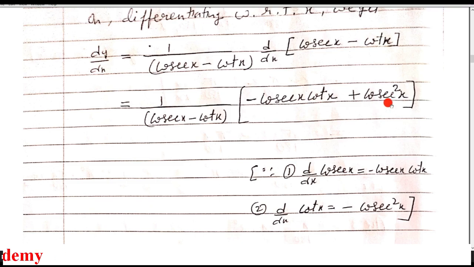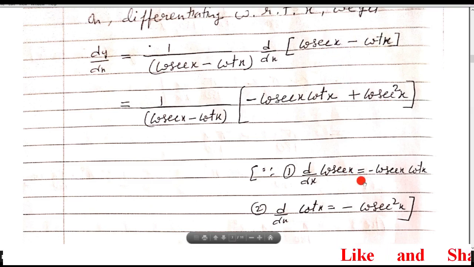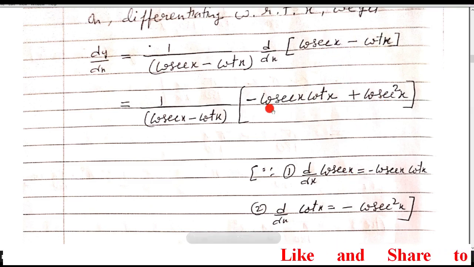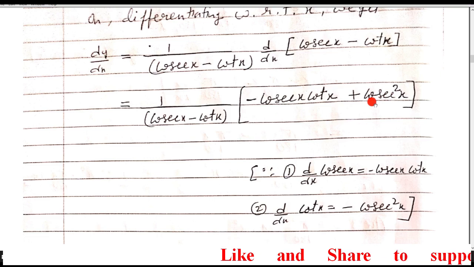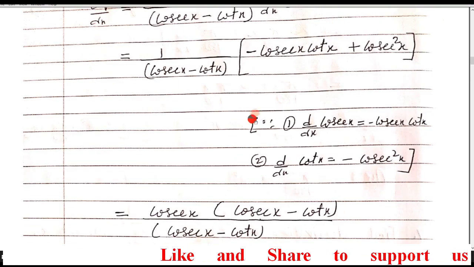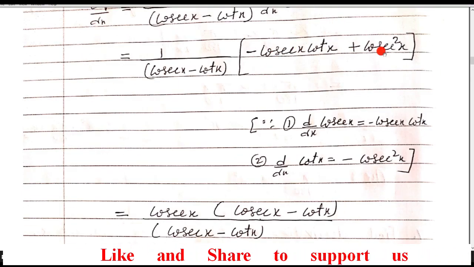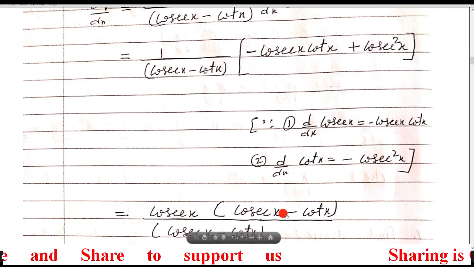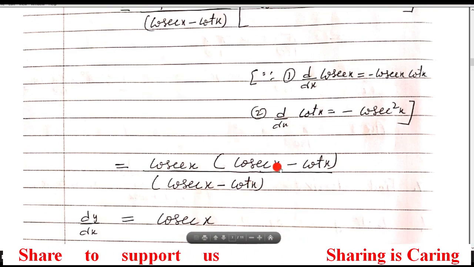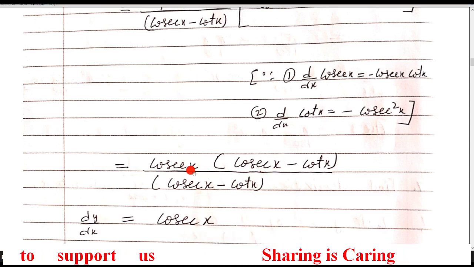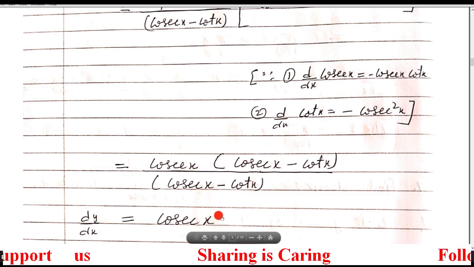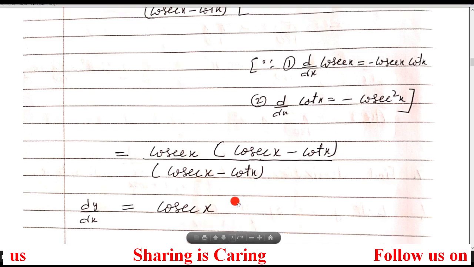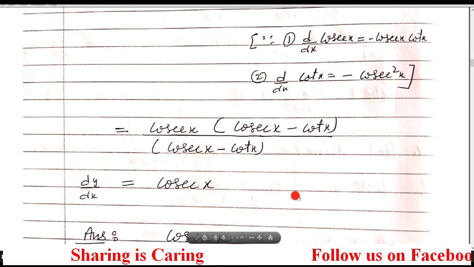We'll remain with cosec x minus cot x. Now just see the bracket: these brackets are the same, so they will cancel each other. We are left with cosec x. So the derivative of our question is cosec x.